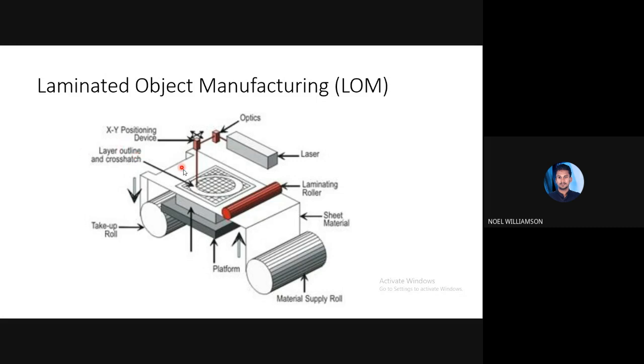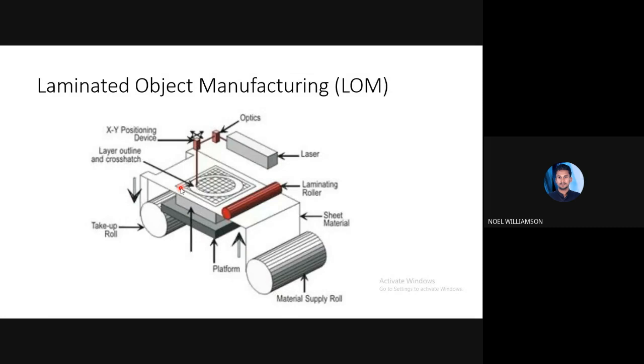So for that, what we do is we give the model to the system, to the server, where we create a three-dimensional object using a CAD model. This is also one of the rapid prototyping techniques. So first of all, we create a three-dimensional model of the object.